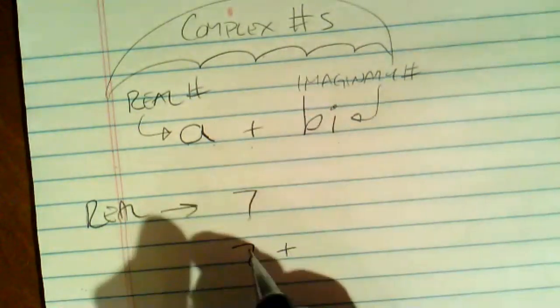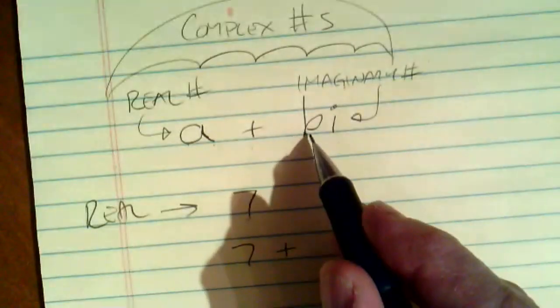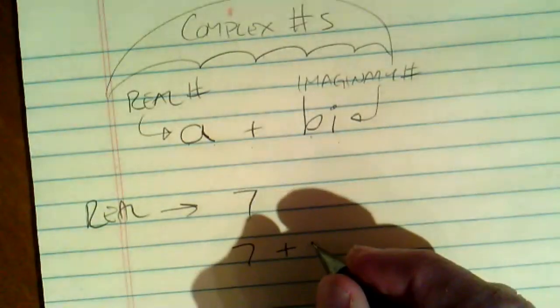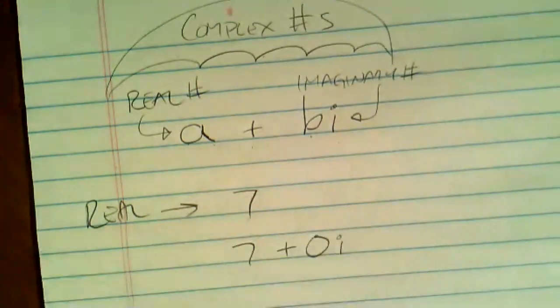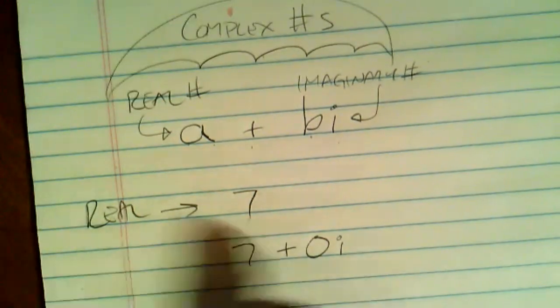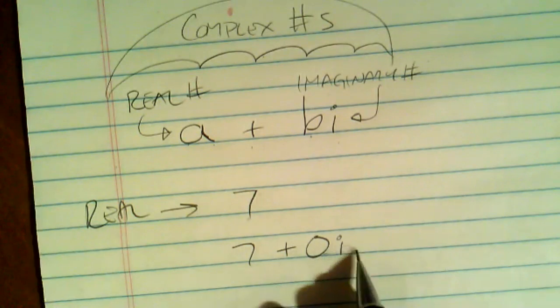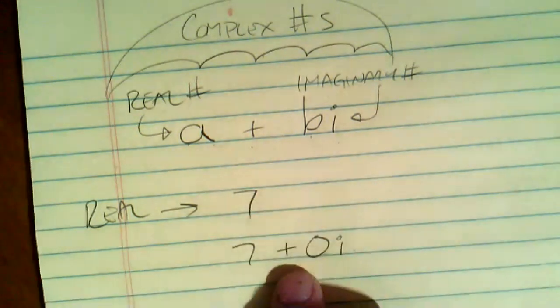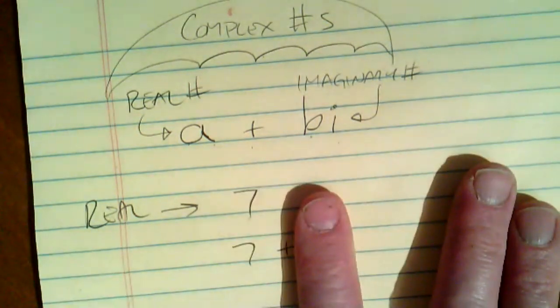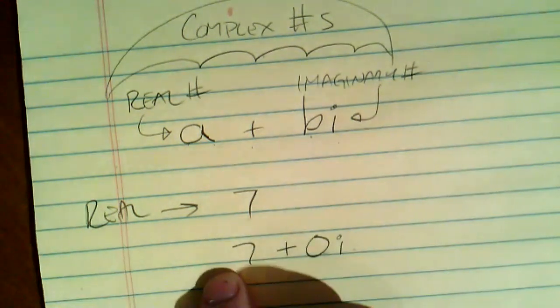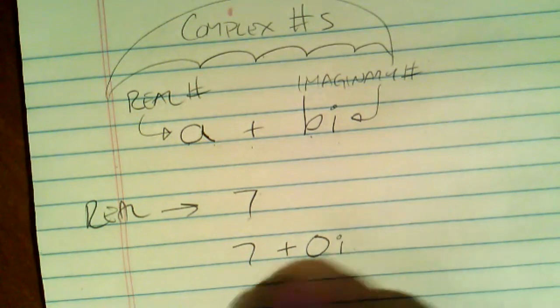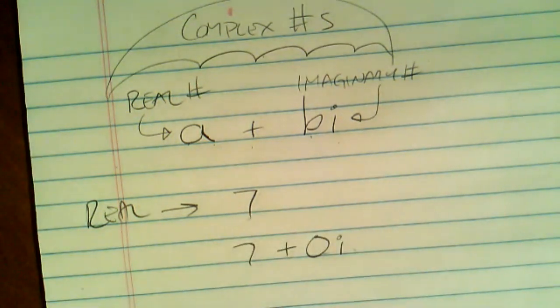The way that you would do it if you have a pure real number is you take that coefficient, that b, and you just say, all right, we're going to make that a 0. Because 7 plus 0i, well, we know 0 times anything is 0. So it's kind of like saying this part doesn't really exist. So it's 7 plus nothing. So it's just 7. But because I can write it in the format a plus bi, we can consider it to be a complex number.